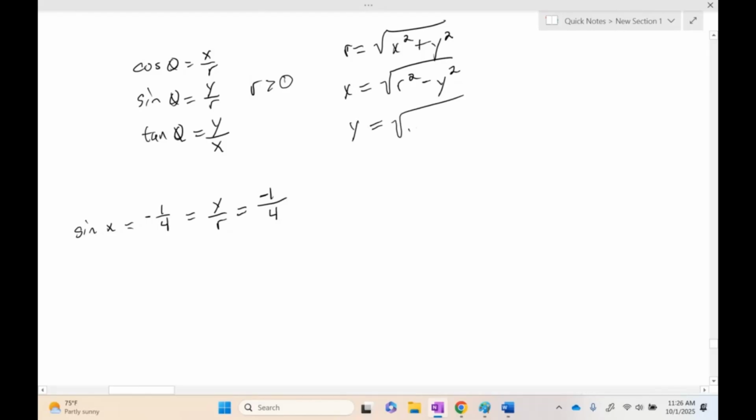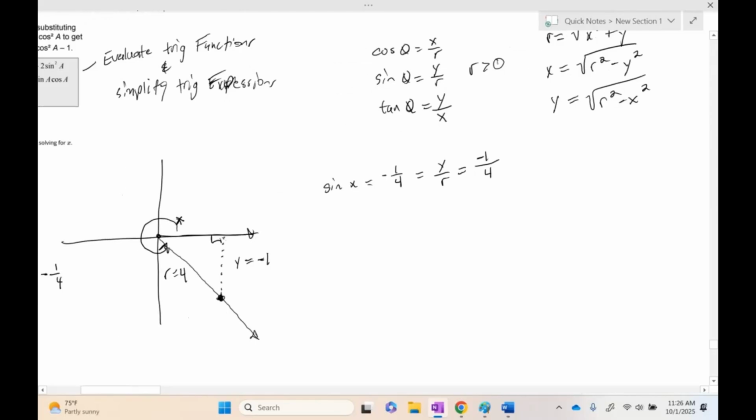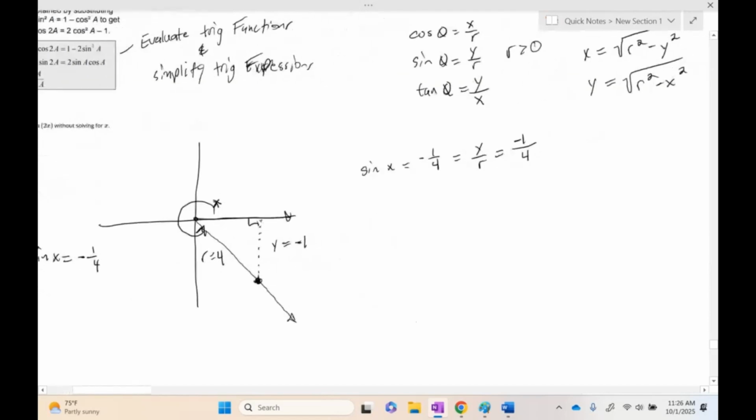Y is equal to the square root of r squared minus x squared. The only thing we need to find for our triangle sketch is x. Once I know x, I can put x over r. That would give us the cosine value, and then that would allow us to evaluate this trig function.